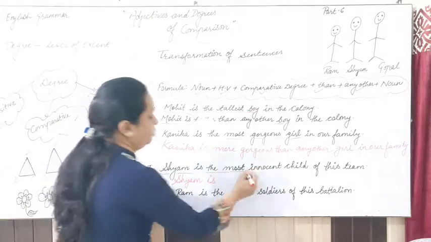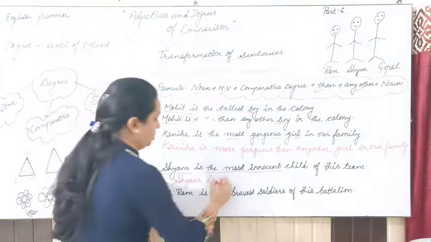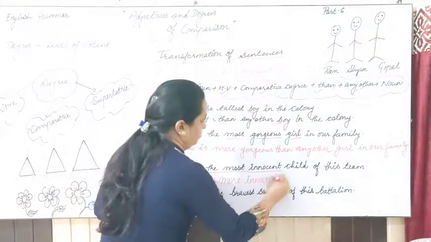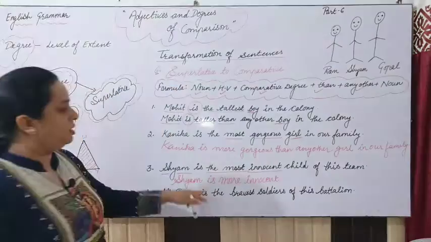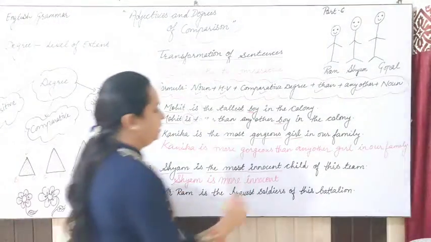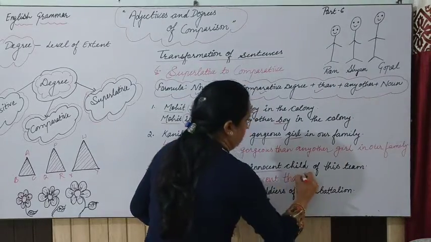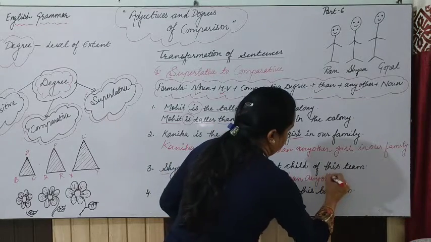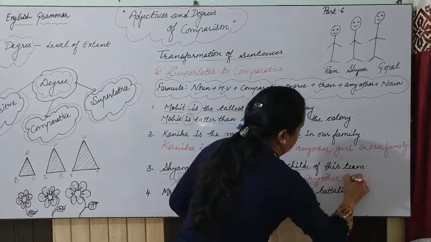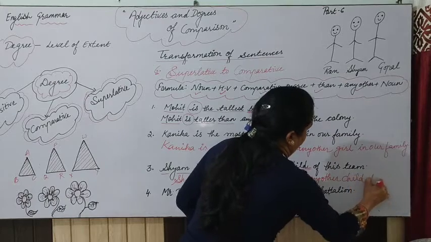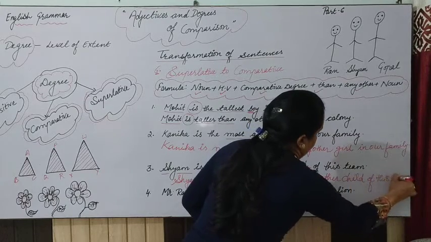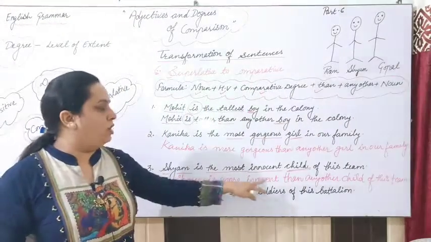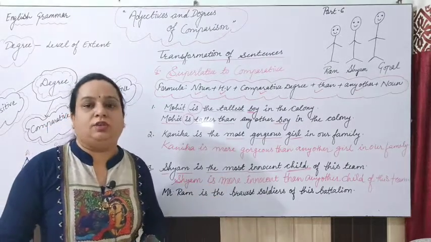Most innocent is given, so the comparative is more innocent. Shyam is more innocent, then you will use than, any other, and the noun is child of this team. So the answer is: Shyam is more innocent than any other child of this team.